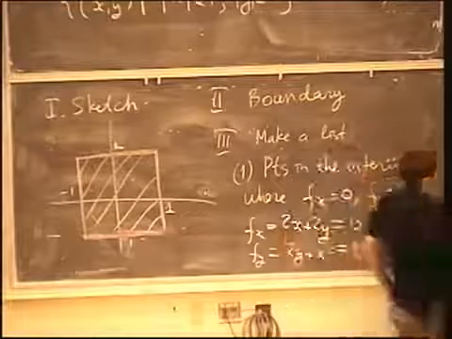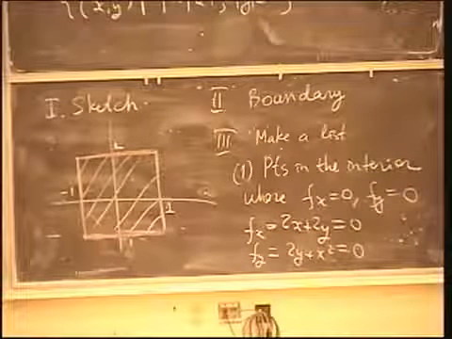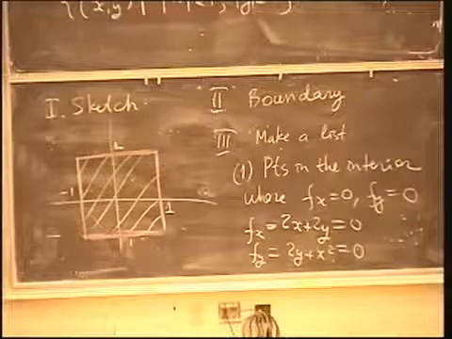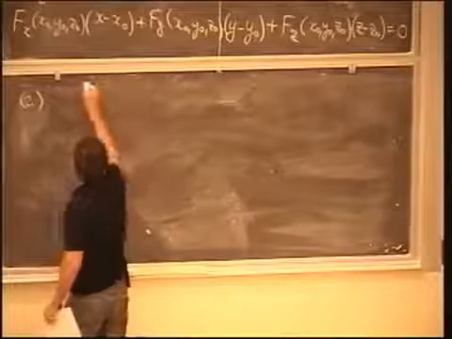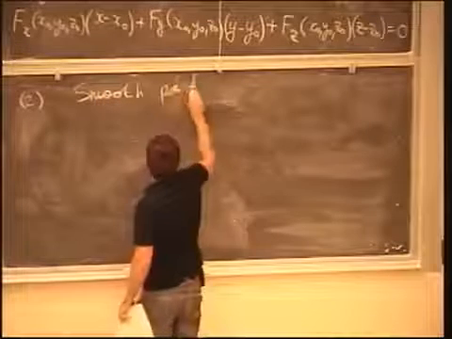The second group of points are points on the boundary, but which belong to the smooth part of the boundary.